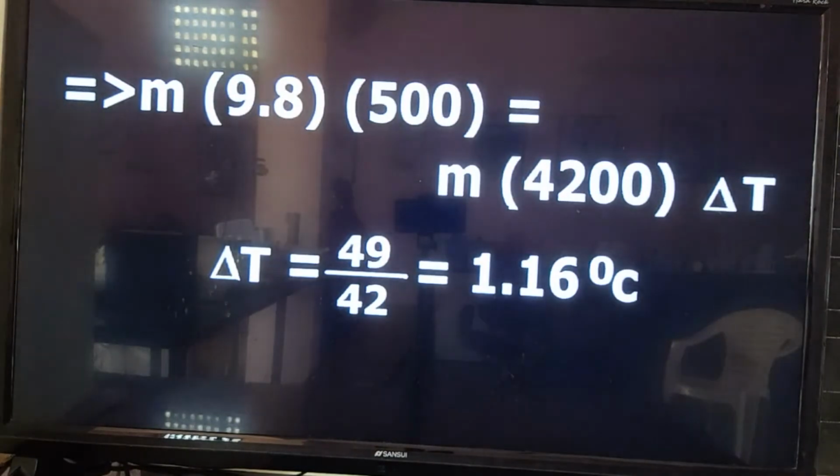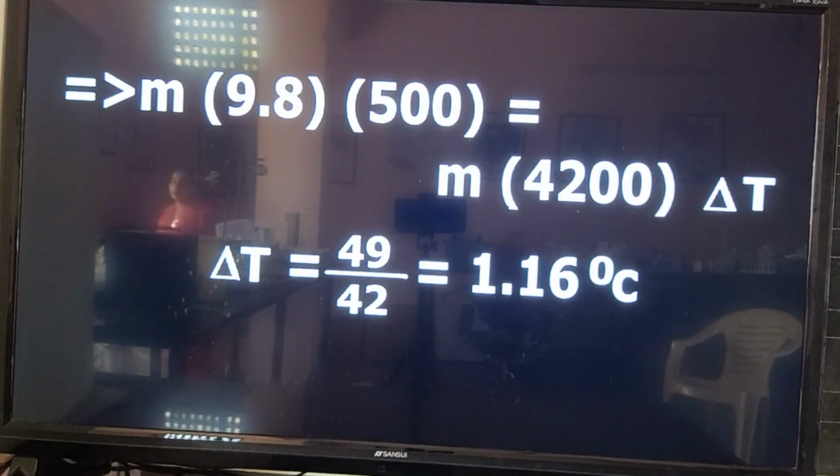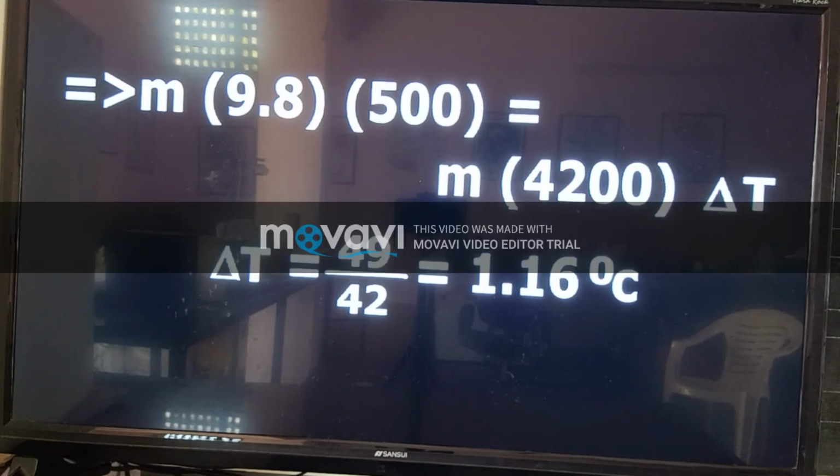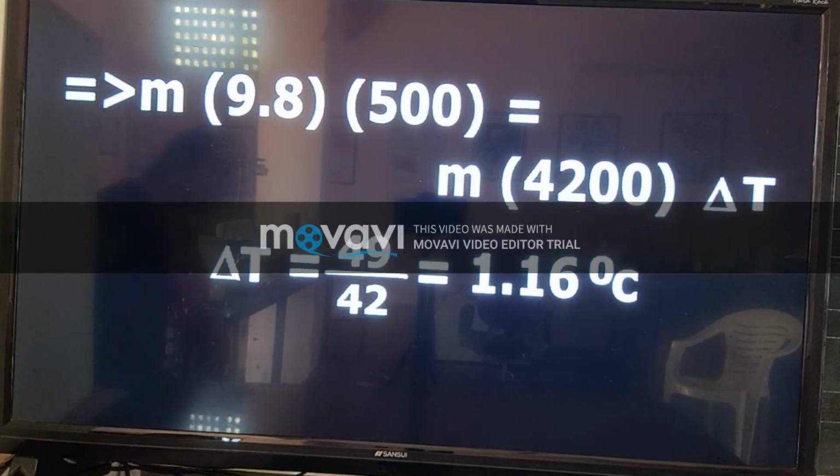That implies m into 9.8 into 500 equals m into 4200 into ΔT. ΔT equals 49 by 42 equals 1.16 degrees Celsius.